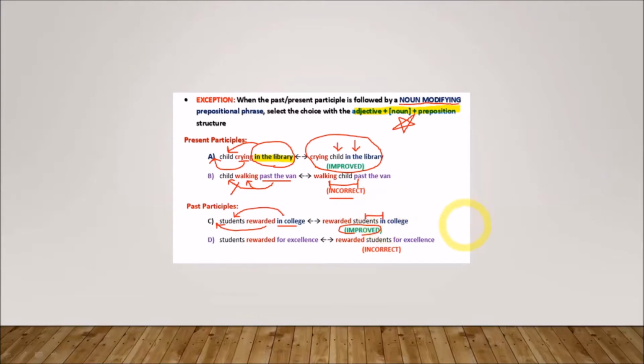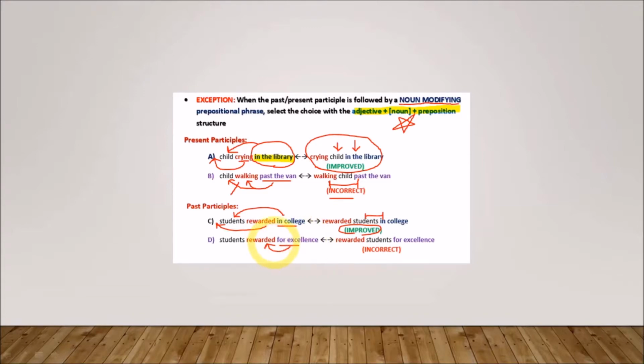Other times, as you saw for present participle example B above, the prepositional phrase that follows the past participle modifies the past participle and not the noun. Consider example D. Students rewarded for excellence.